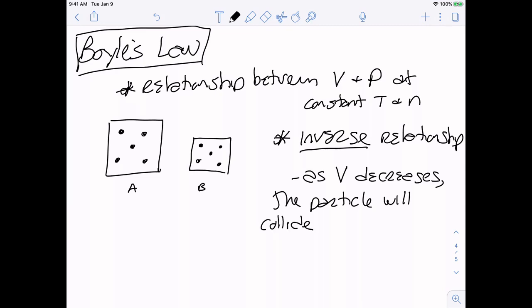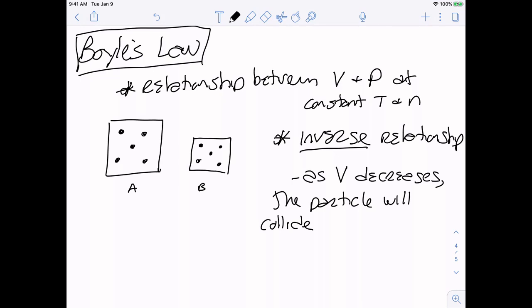If I took 3 of those particles out, they wouldn't necessarily collide more in a smaller amount of space because there's less of them. So the things that are constant are just as important as the things that I'm varying. I'm very likely to ask you to explain Boyle's law. And when you're explaining it, make sure you talk about the things that are constant too. Otherwise, this inverse relationship doesn't necessarily need to be true.